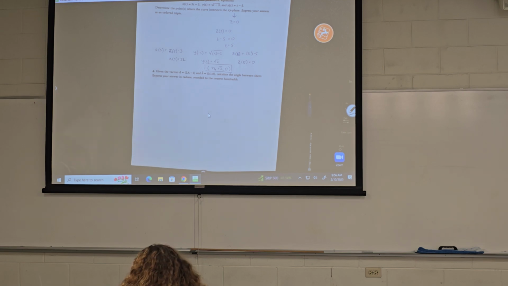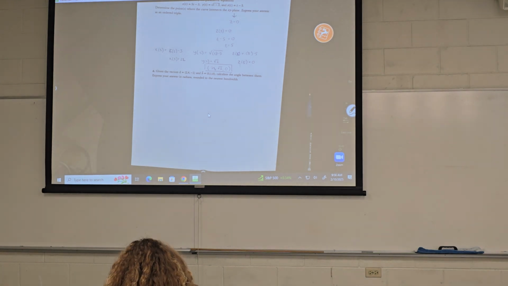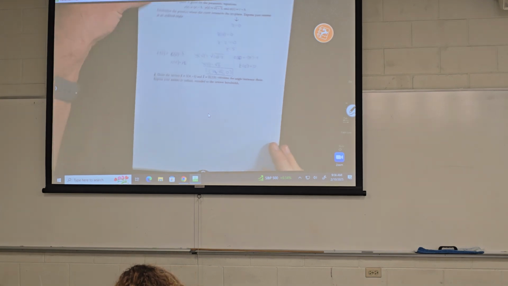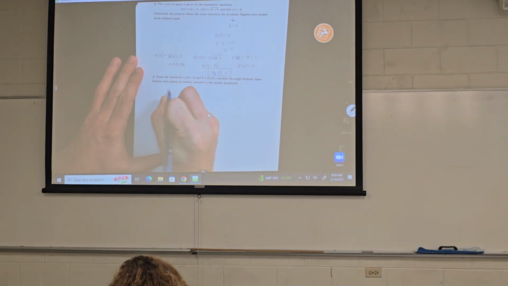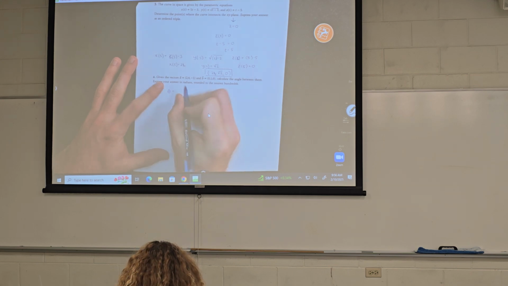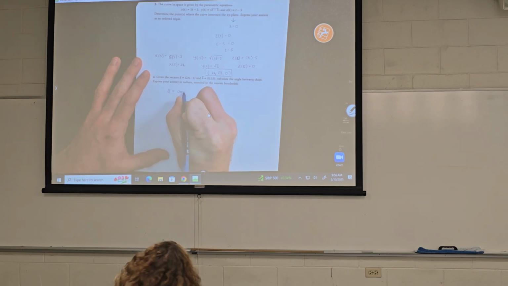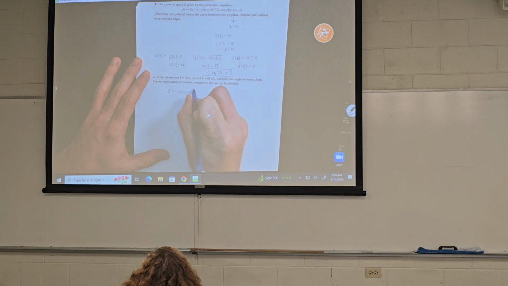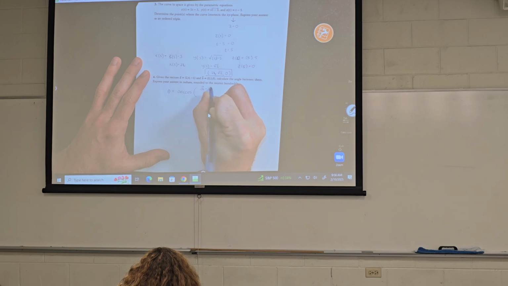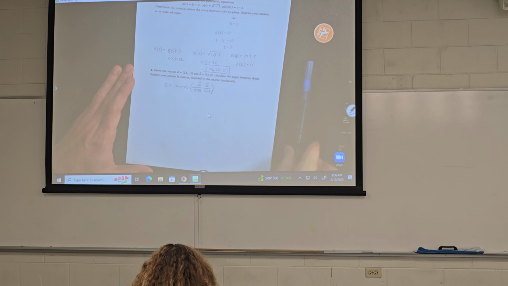Question 4, given these two vectors, calculate the angle between them. Let me flip through my notes, find the angle between two vectors. Once we pull it up on our cheat sheet, we see the angle between two vectors is the arc cosine, or the inverse cosine, of the dot product of the two vectors divided by the magnitude of A times the magnitude of B. That's just something that came from our reference sheet.